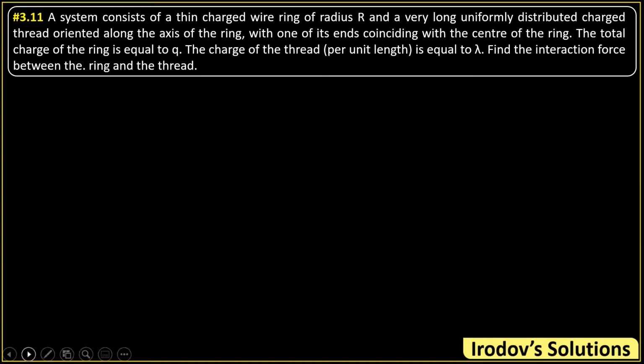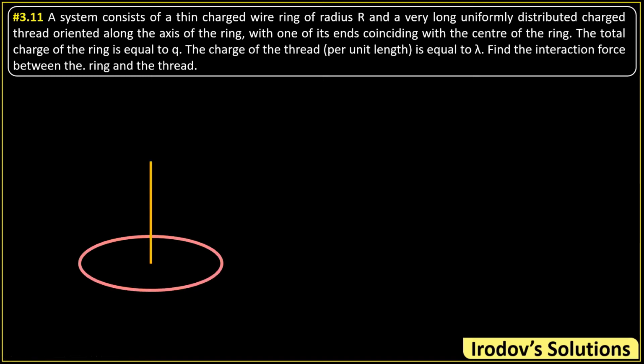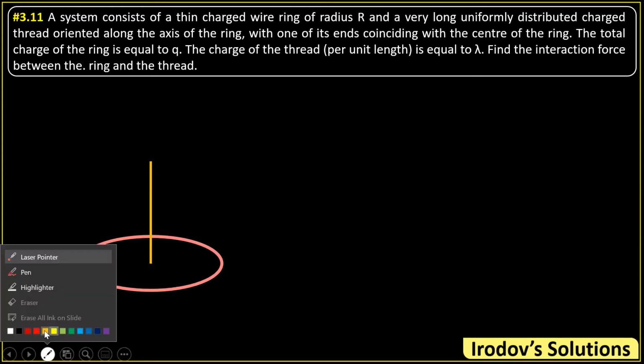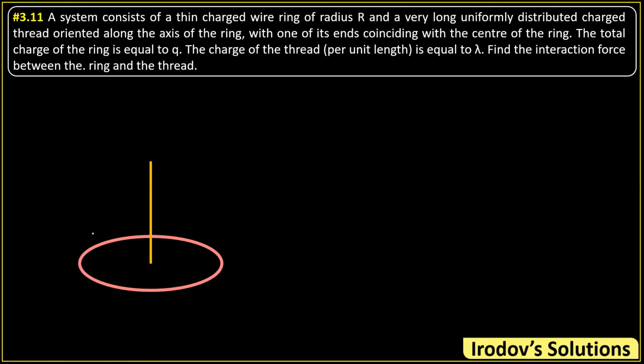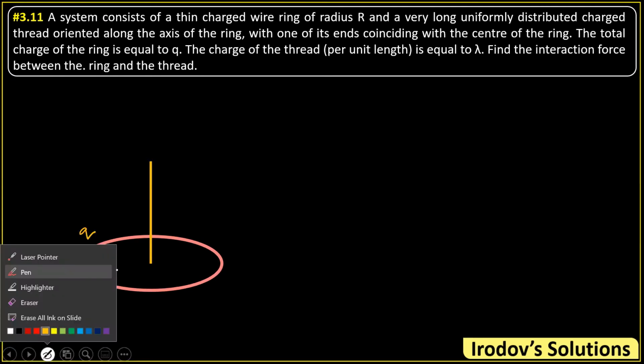So here is the diagram of the given problem. This is a uniformly distributed charged ring, and the charge given in the question is Q, and it has a radius r.